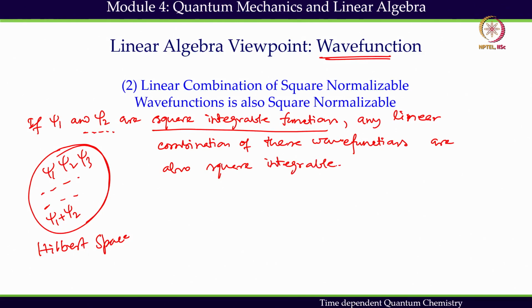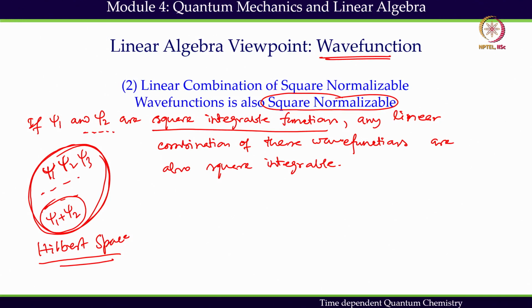So, what it's suggesting is that as long as the wave functions are sitting or living in the Hilbert space, their linear combination will also live in the same Hilbert space. And we know that anything which is living in Hilbert space would be square normalizable. I can normalize it, which means I can accept it as a solution in quantum mechanics.